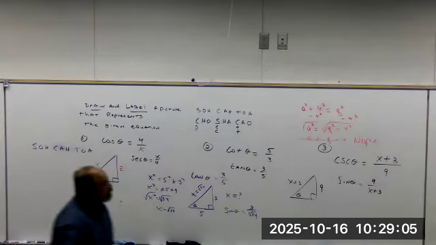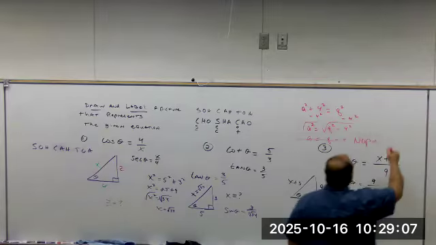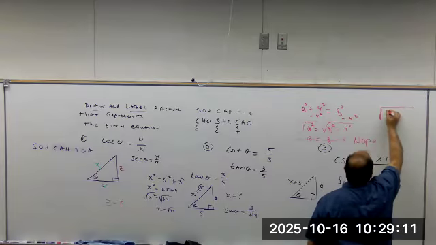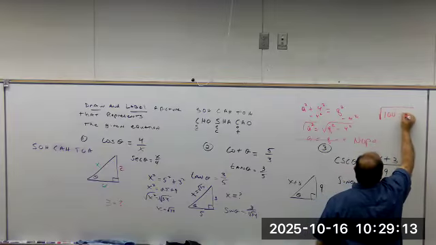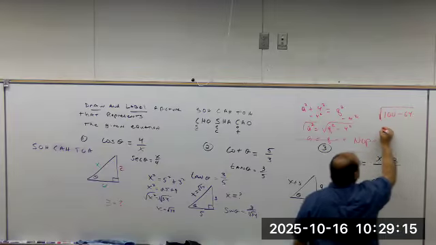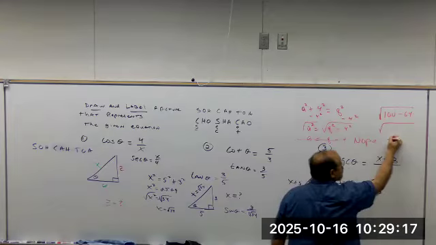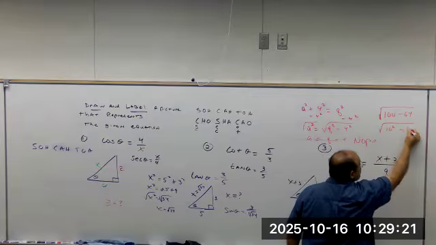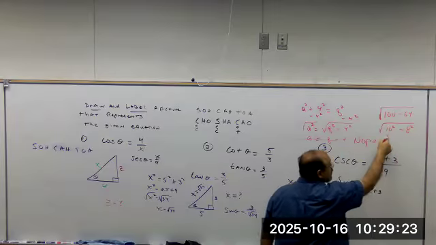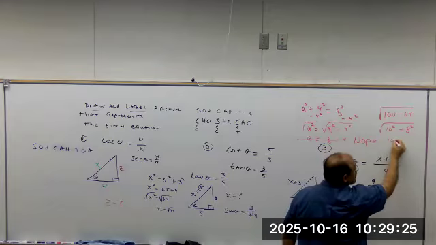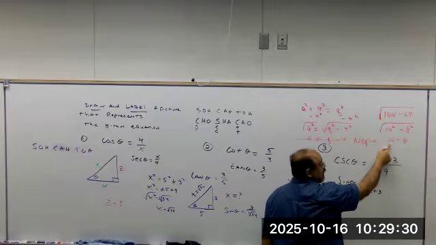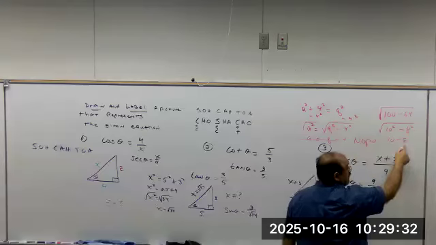Because I'll tell you right now, if I had the square root of 100 minus 64, which is technically the square root of 10 squared minus 8 squared, you're telling me that this is just 10 minus 8, because you take the square root of 10 squared to get 10, square root of 8 squared and get 8.